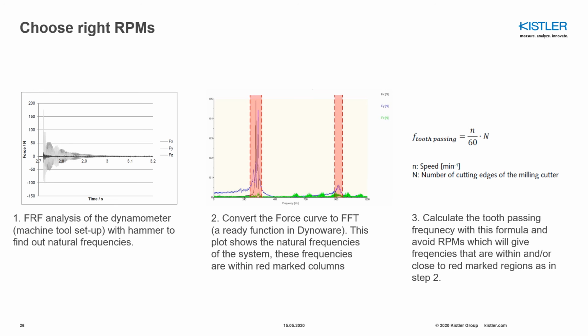And then later on you can utilize the equation, as you can see here, the tooth passing frequency as a function of the RPM, and that RPM should end up in a frequency that is not close to or inside of these regions where you have the natural frequencies, because if you are too close or if you are inside, then you will have resonance vibrations. That's why you really have to follow step by step and understand the frequency response function of your system.